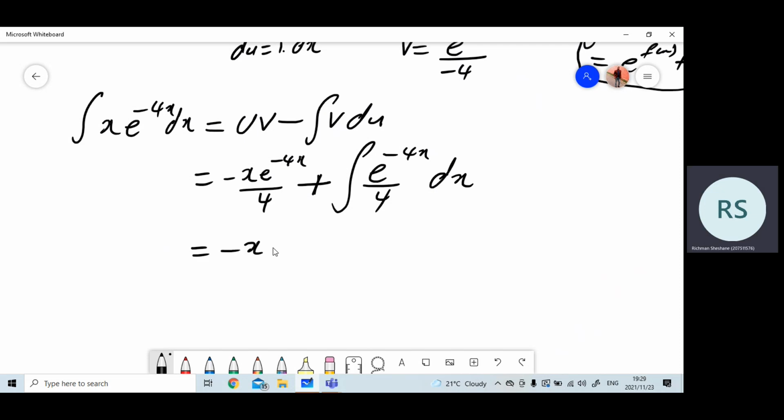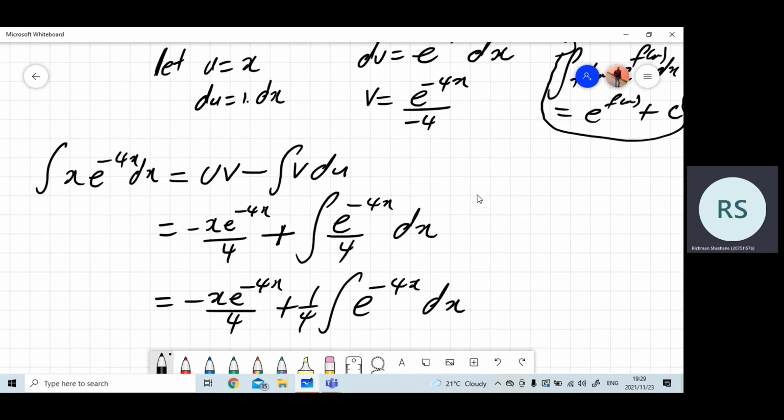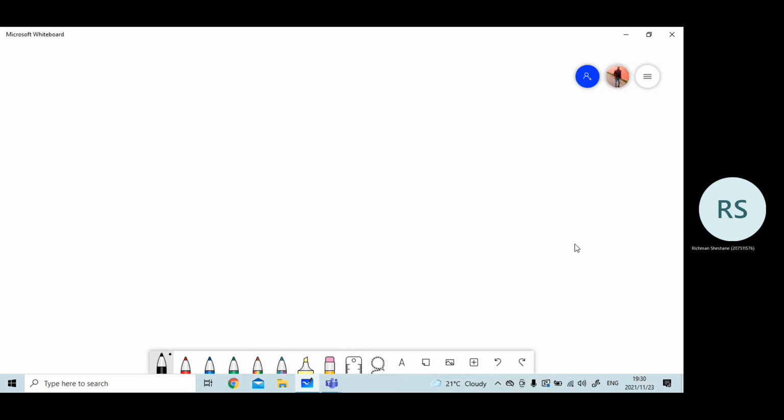Okay, so now we're able to integrate this. This is minus x e to the minus 4x over 4 plus 1 over 4. We want to integrate e to the minus 4x dx. Again, can use the maths 1 standard integral formula.